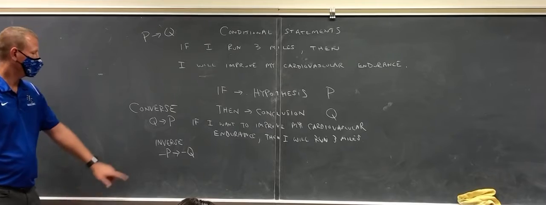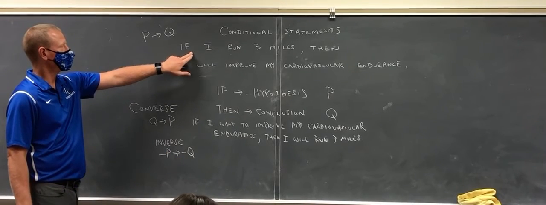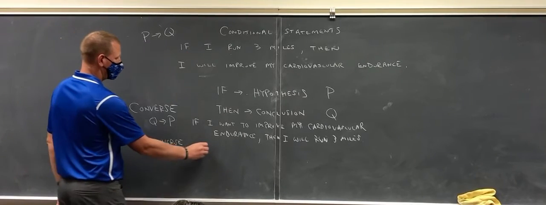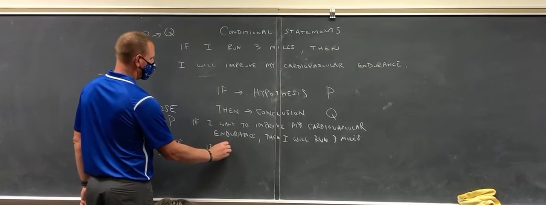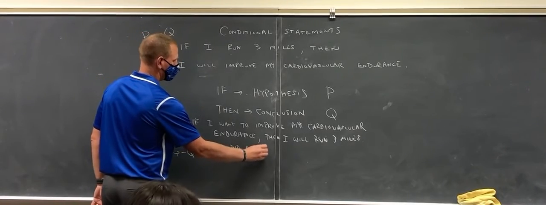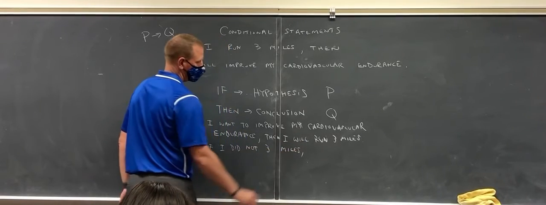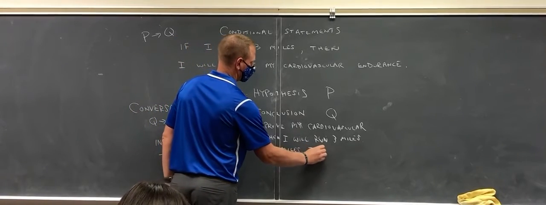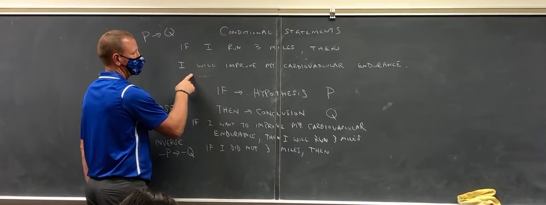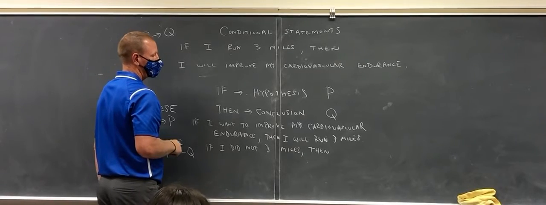Okay, so if I'm doing the inverse, the negation of P, then the negation of Q, well, P is if I run 3 miles, so I'm going to change that to if I did not run 3 miles, then the negation of Q, so then I will not improve my cardiovascular endurance.